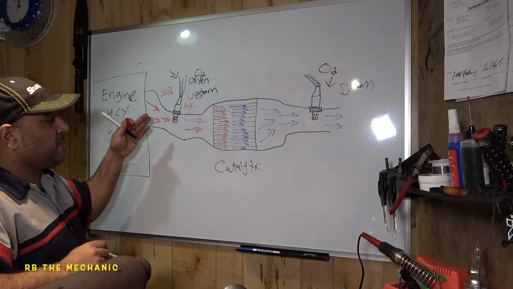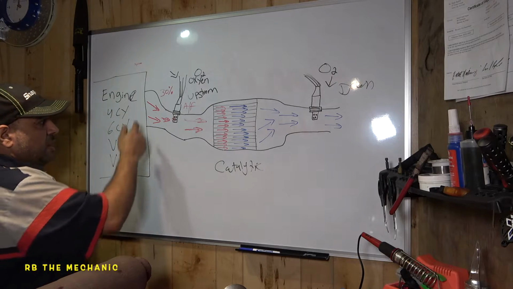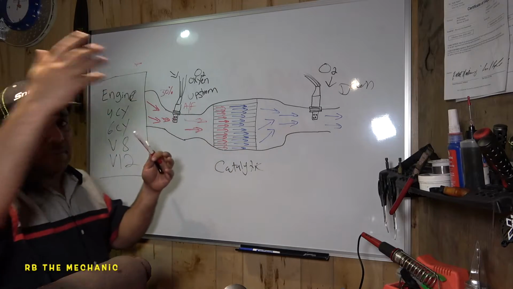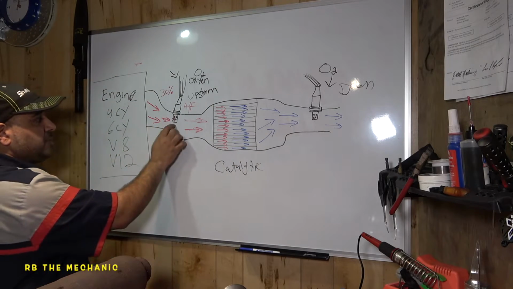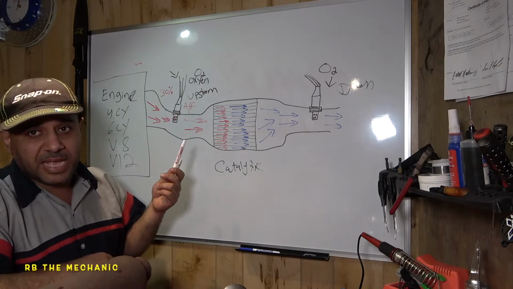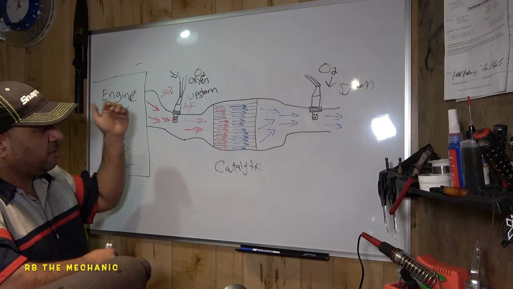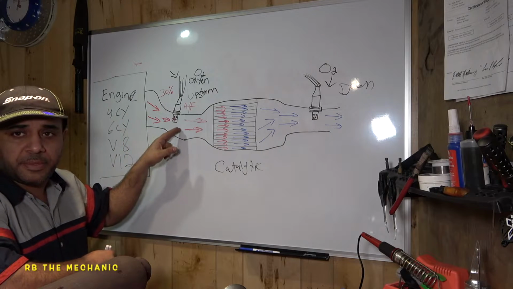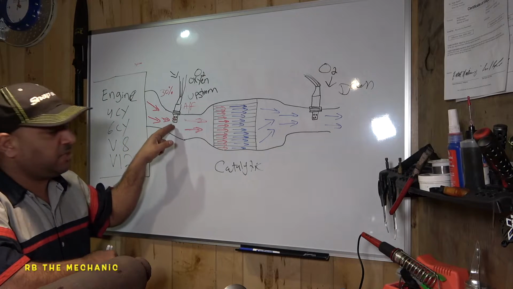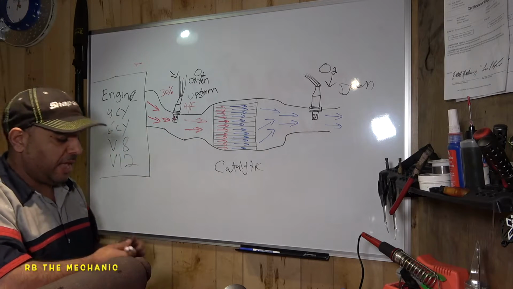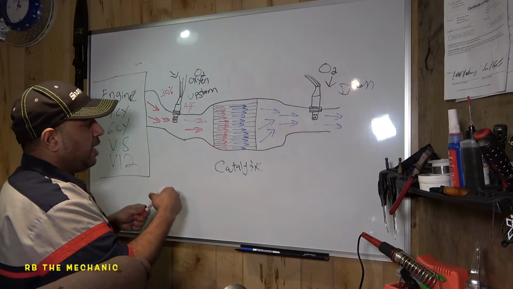It would determine that as well. So even though there's a lot of gases coming out that need to be eliminated so we don't pollute the atmosphere, the sensor can determine too much gas and cut it off. Rich codes, lean codes, this sensor can determine that. If your car is running rich, it's going to determine it. If it's lean, it's going to determine it. It's going to try to control that fuel, okay?